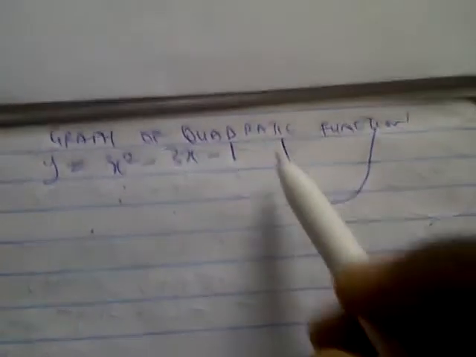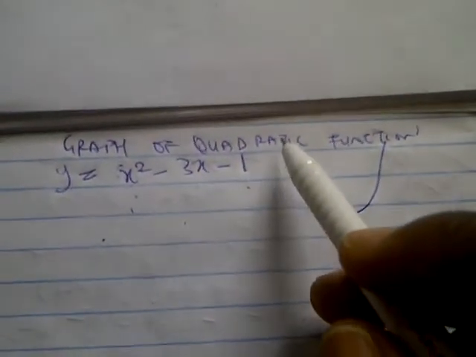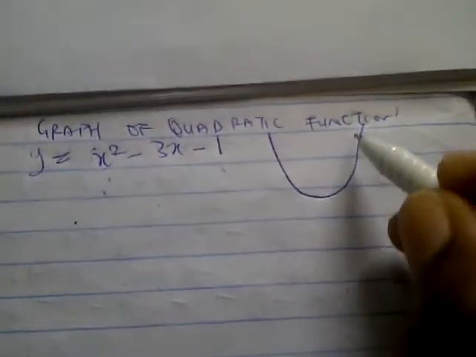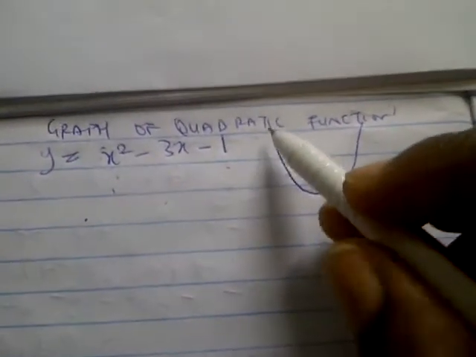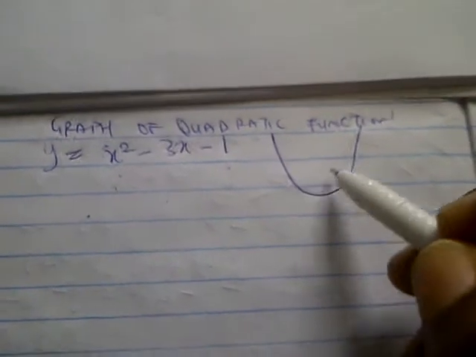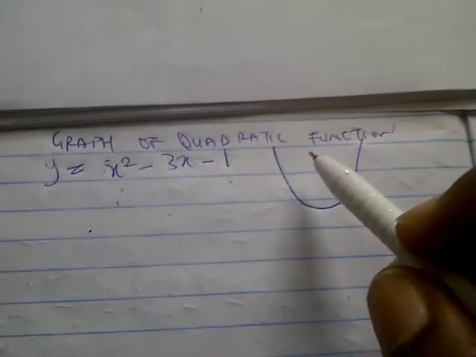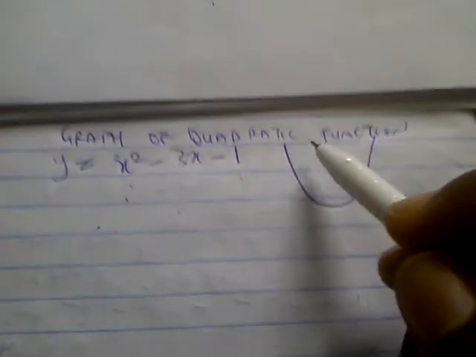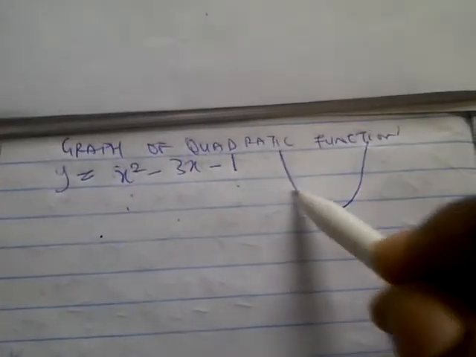No, this is a quadratic shape. It always has to go this way and curved. It's not straight, it's curved. So you always have to ensure that you take more than 5 points to make this shape.